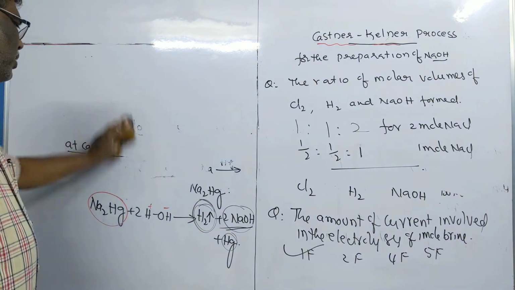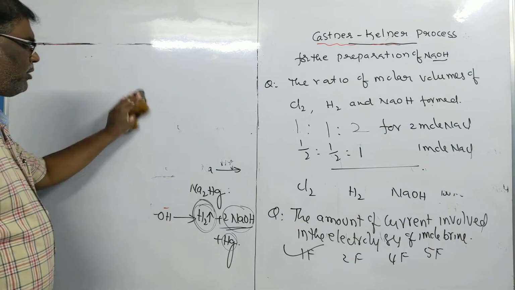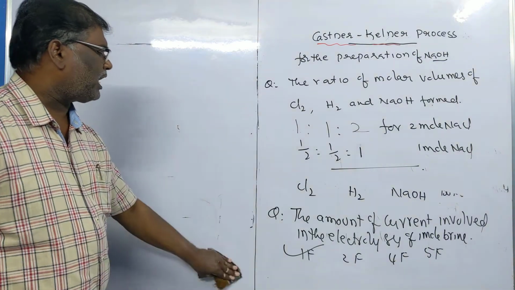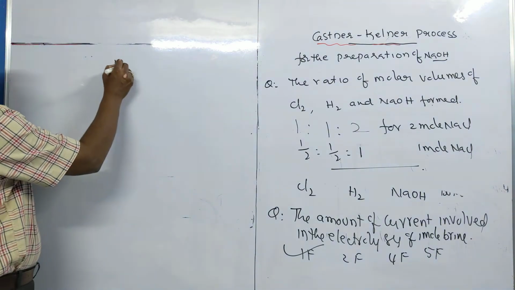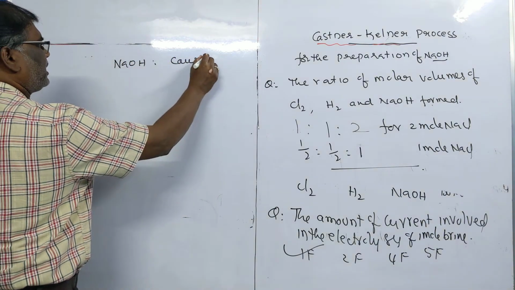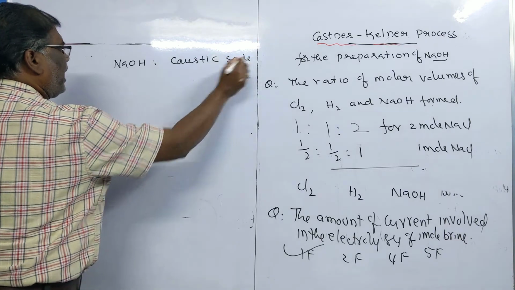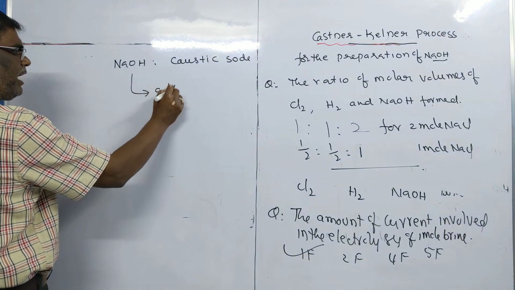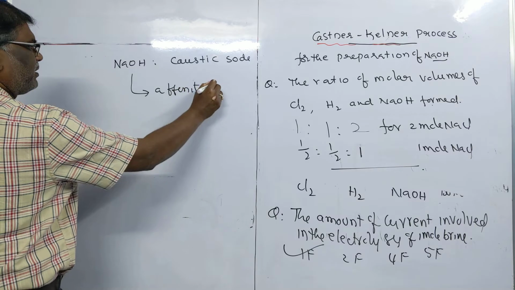Now what about NaOH? NaOH is known as caustic soda. For what reason was the name given? It has greater affinity for moisture.